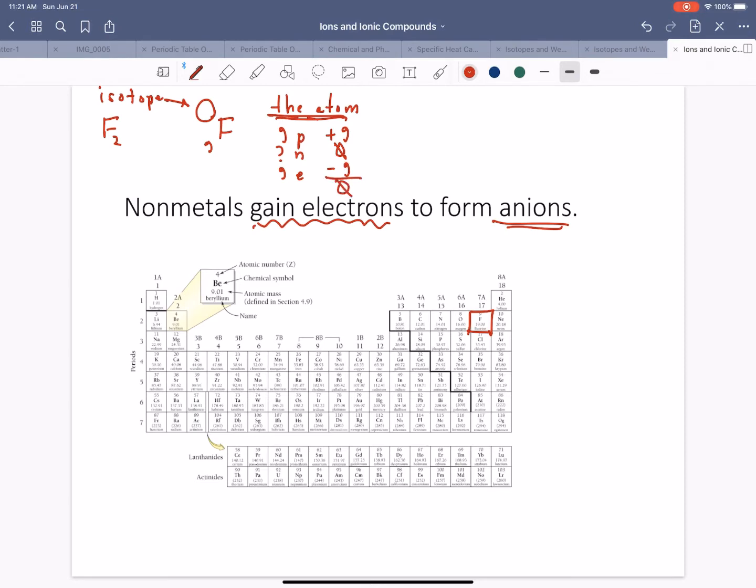The overall charge for an atom is 0, and we say it's neutral. But if fluorine were to gain 1 electron, it would still have 9 protons, some neutrons, and gaining an electron, it would now have 10 electrons for a -10 charge. 9 minus 10 is -1.